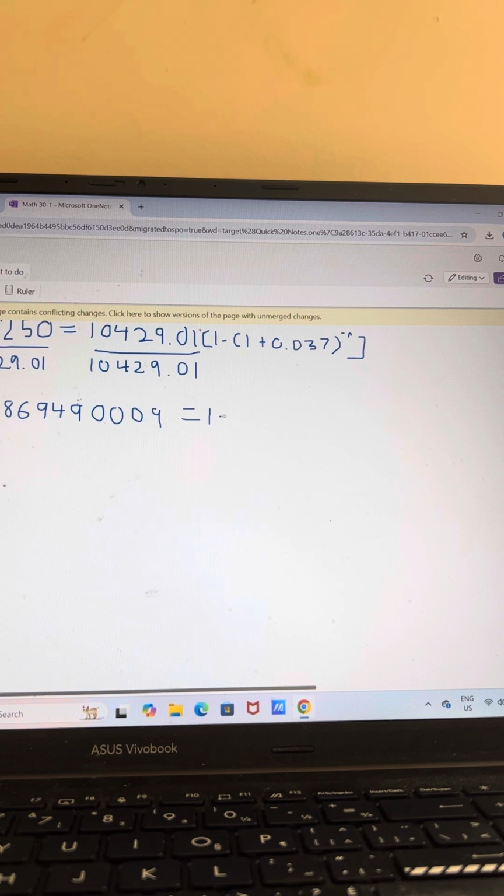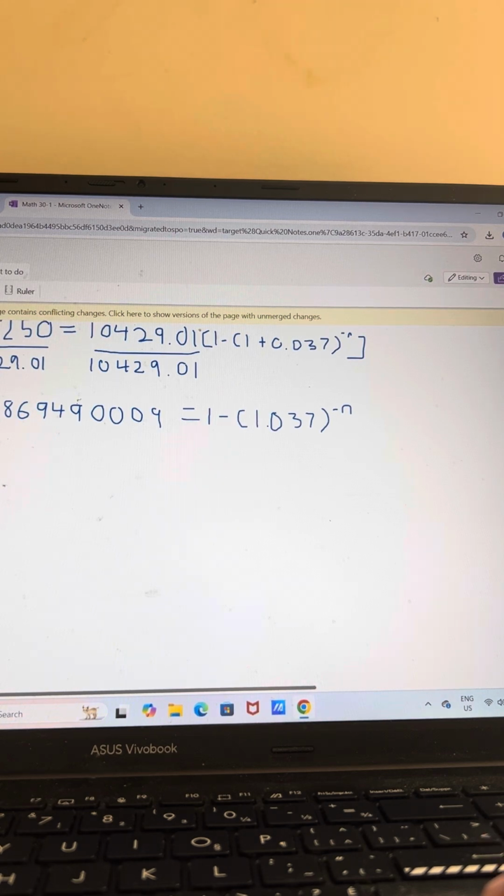1 minus, and 1 plus 0.037 is going to be 1.037 to the power of negative n. Okay, now that we have this, we can isolate this part.